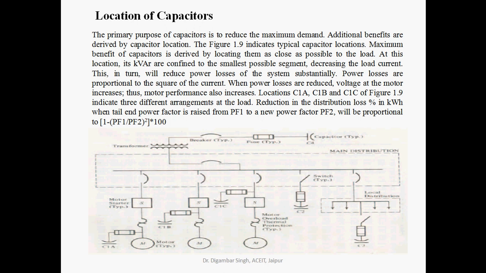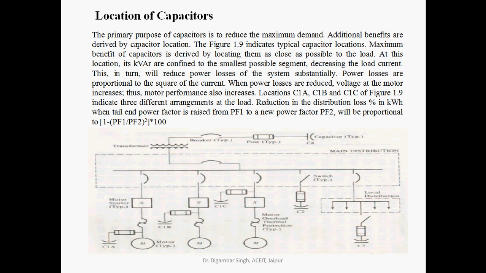C1A, C1B and C1C in Figure 1.9 indicate three different segments at the load, with the power factor at this load as PF1, PF2 and so on. The reduction in distribution loss, in percentage of kilowatt, when the tail end power factor is raised from power factor 1 to new power factor 2, is proportional to 1 minus (PF1 upon PF2) whole square, into 100.